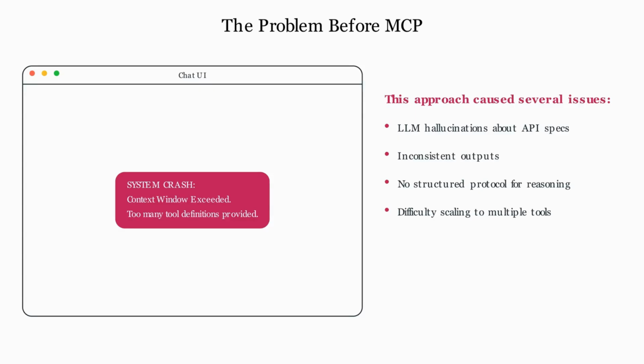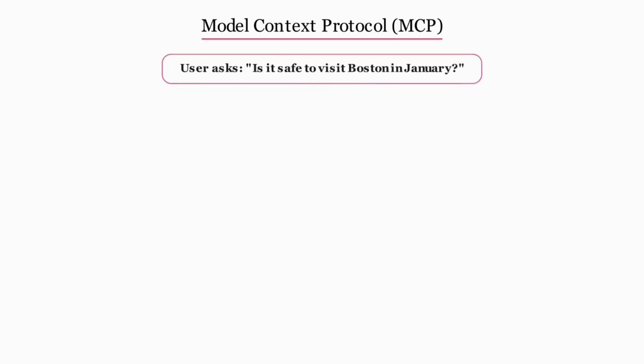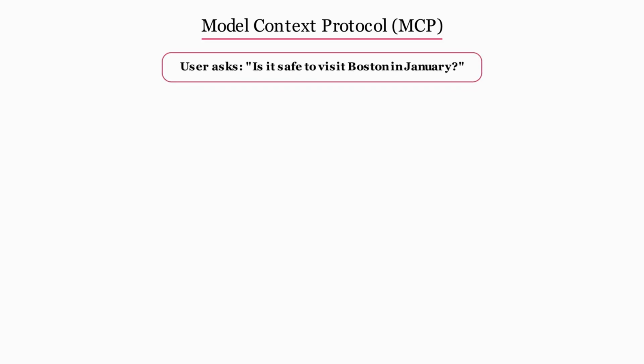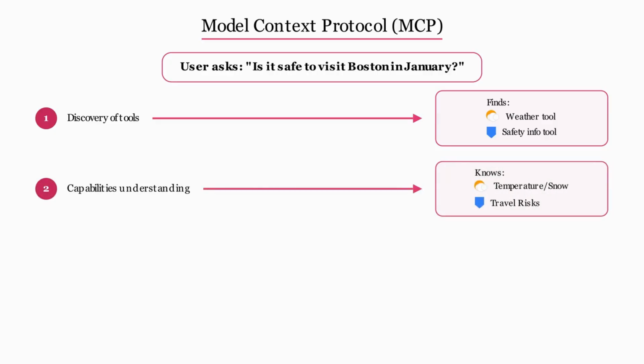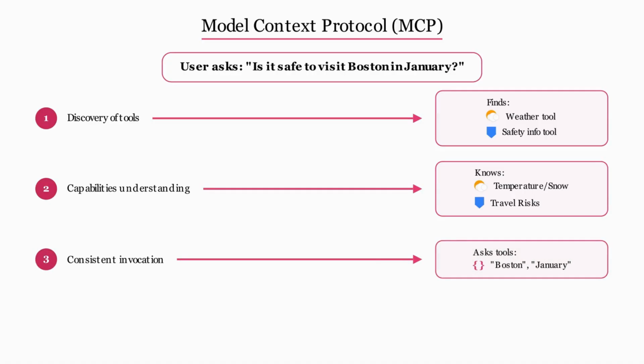So, what exactly is MCP? MCP stands for Model Context Protocol. It's a structured specification that allows discovery of tools, declarative understanding of capabilities, safe and consistent invocation, as well as structured output interpretation.